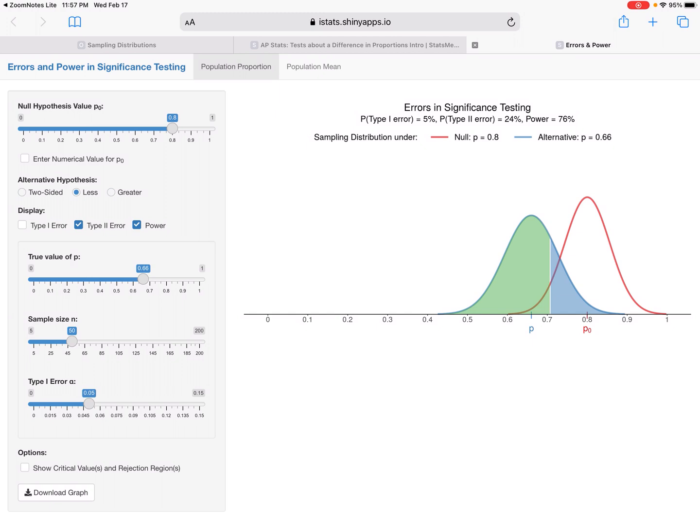This is why we don't calculate power in this class, because to calculate it correctly, you need the true alternative, which most of the time you won't have. But I want you to look at this overlap, okay?